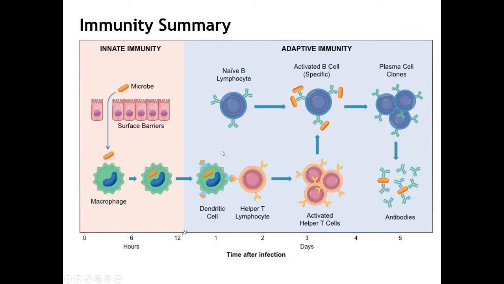Or T lymphocytes can attach onto the pathogen molecule and produce proteins that cause that pathogen or infected body cells to kill itself. We've talked about memory cells being lymphocytes that are able to survive past the infection, and they give us this secondary response.